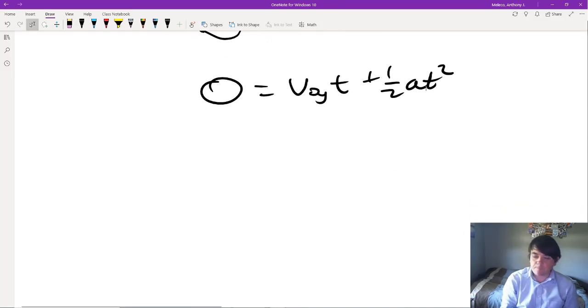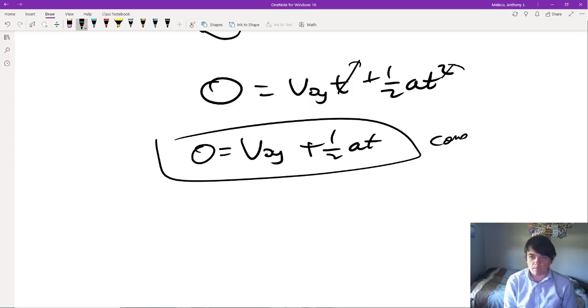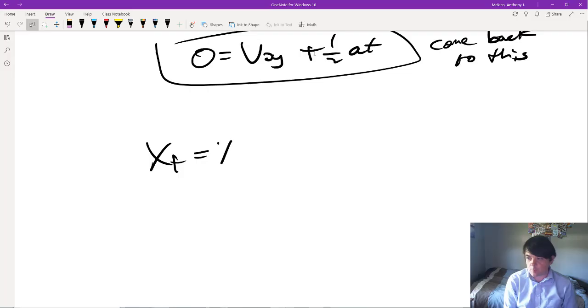So now we can divide through by t. We have 0 equals v naught y plus 1/2 a t. So come back to this. The range, which is the ultimate thing we're trying to solve for, is equal to x naught plus v naught x times time.